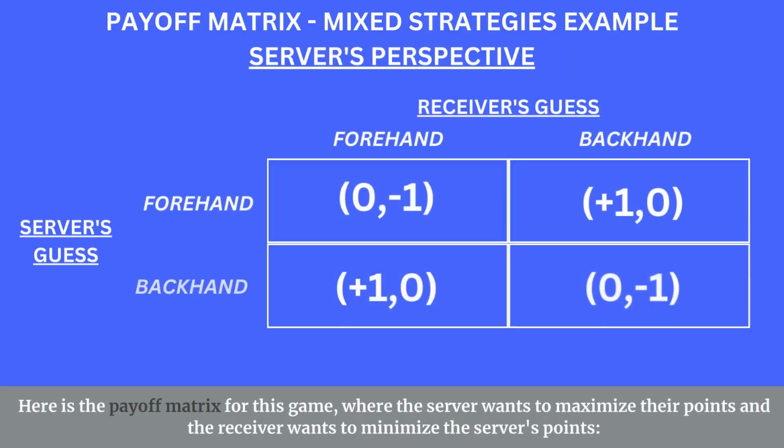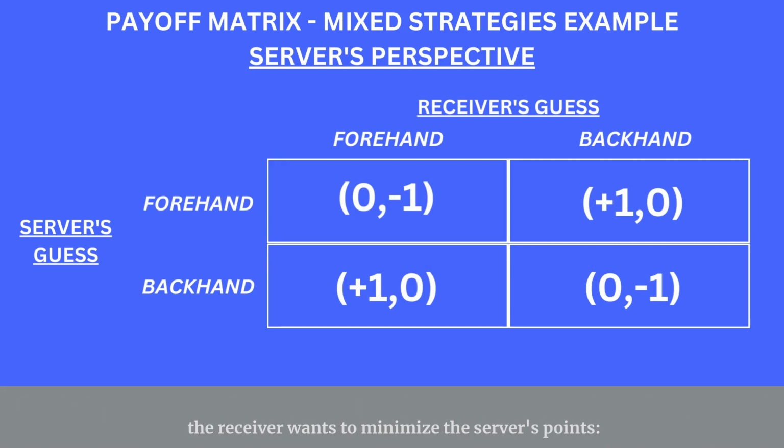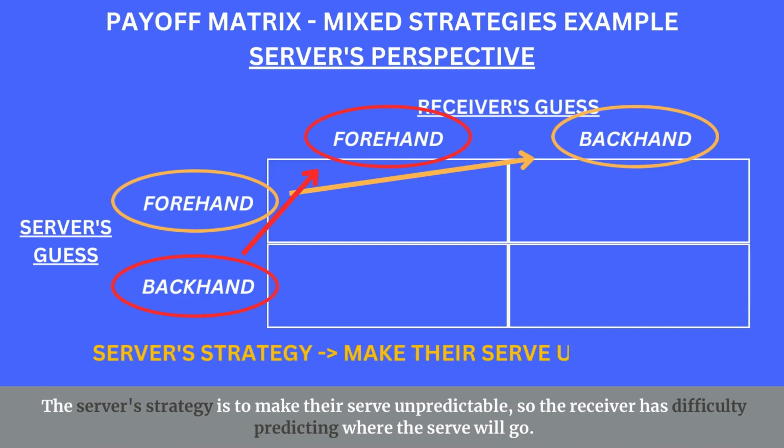Here is the payoff matrix for this game, where the server wants to maximize their points and the receiver wants to minimize the server's points. The server's strategy is to make their serve unpredictable, so the receiver has difficulty predicting where the serve will go.